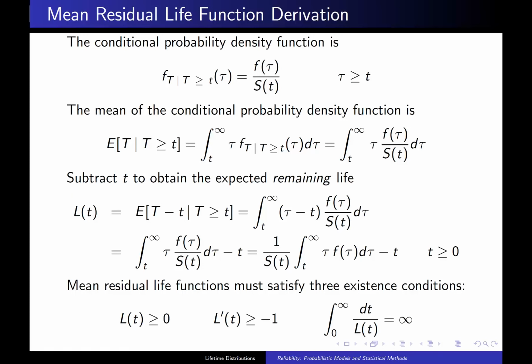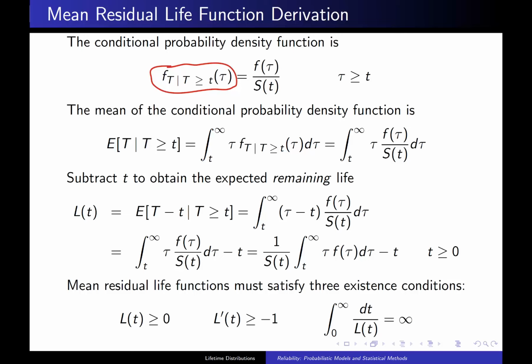Here is the derivation of the mean residual life function. This is the conditional probability density function of the time of failure. Notice, not the time to failure, but the time of failure of an item which has survived to time t.